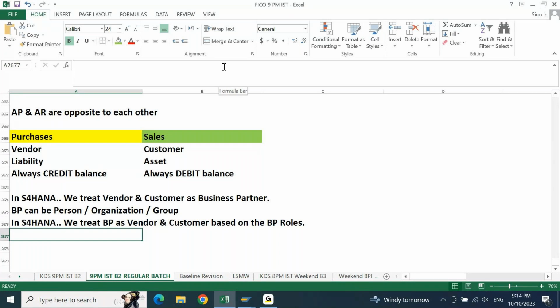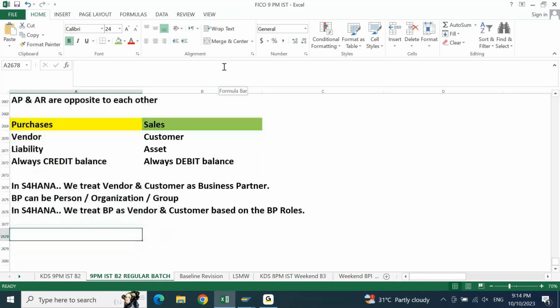What is your role in my company currently, customer or vendor? Because a business partner is treated as customer or vendor based on the BP role. You assign the respective role to treat me as a vendor or as a customer.